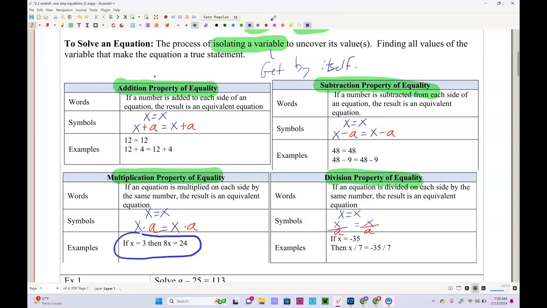I haven't changed the solution to the equation. The equation is still balanced. That just shows you that this doesn't change the value of x. No matter what I do to both sides, as long as I do it to both sides, I'll have equivalent equations. So that's the first part of our notes. Just make sure you write down the initial stuff here. This is also posted on your agenda, so if you need to fill it in, you can open that up and fill in some of this vocab here.